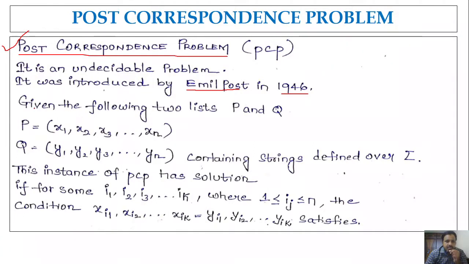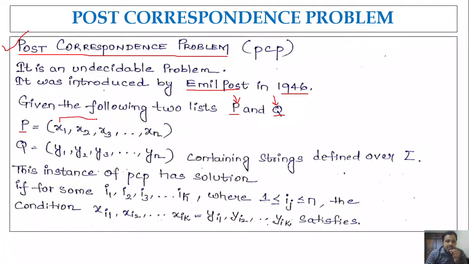Before that, let me explain what the Post Correspondence Problem is. Consider that we have two lists, P and Q. Capital P and capital Q are two lists consisting of some strings. Let me consider P equal to x1, x2, x3, and so on up to xn.